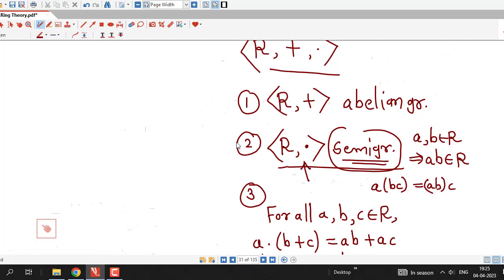Now suppose with respect to this multiplication operation, this ring satisfies three more properties.